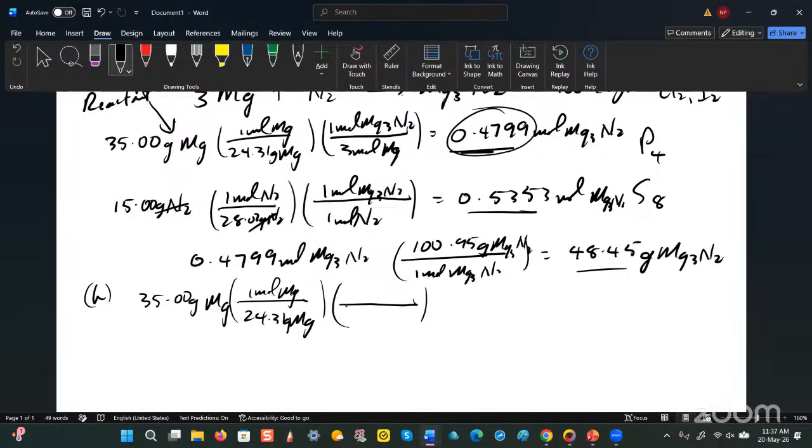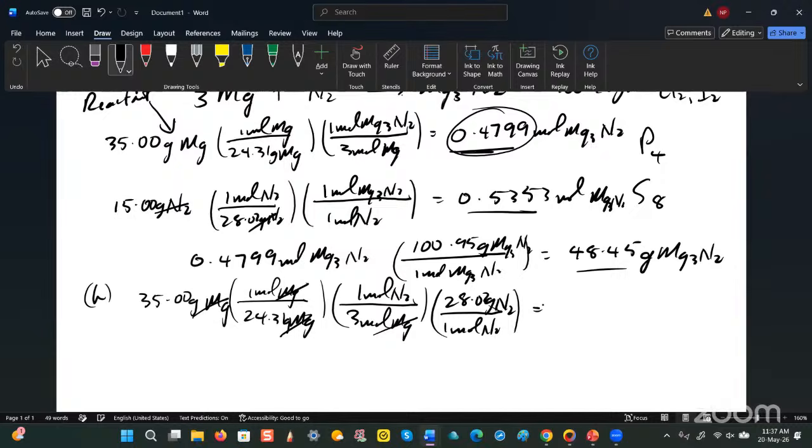Based on the balanced equation, it is 3 moles of magnesium and 1 mole of nitrogen. Then the next conversion factor converts moles of nitrogen to grams: 1 mole of N2, and up here 28.02 grams of N2.